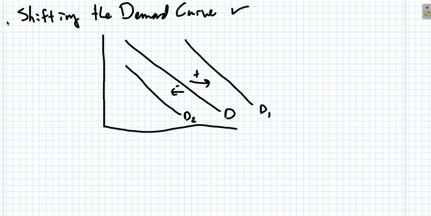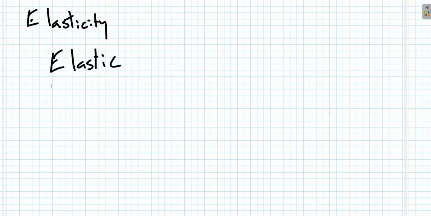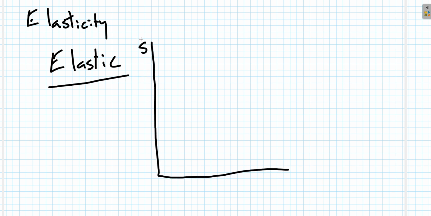All right, our next bit is on this notion of elasticity. So elasticity is the next section. For something to be elastic, it usually means that it's a demand curve, but instead of just being this kind of line, the line is a little more extreme.